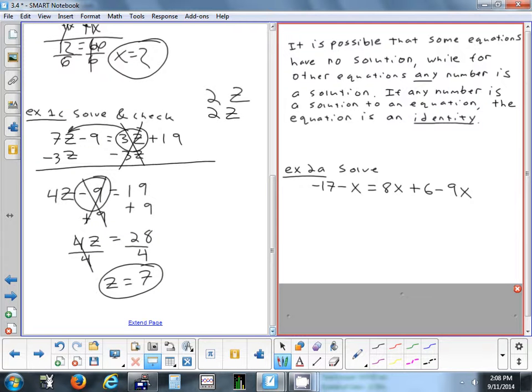Okay, let's try this one. Negative 17 minus x equals 8x plus 6 minus 9x. What's our first step in the SAM method? We haven't done that step in this lesson yet, but yeah, simplify.